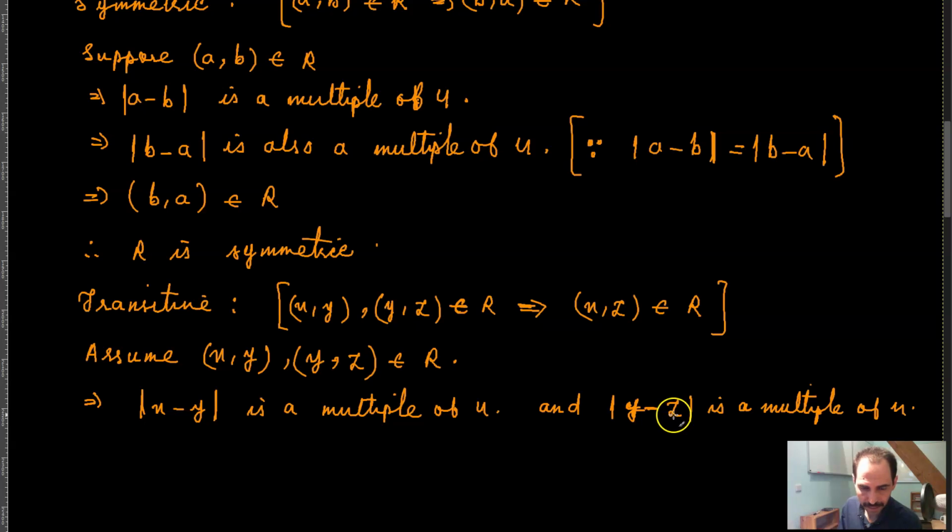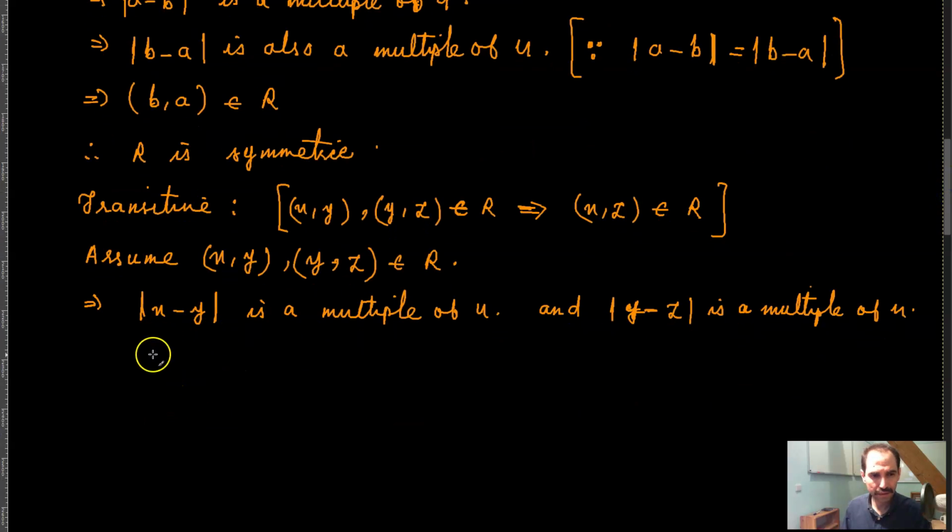So what that means is that I can write x minus y as 4 times m, for some integer m, since this is a multiple of 4.